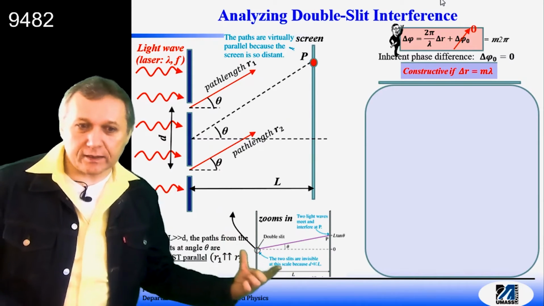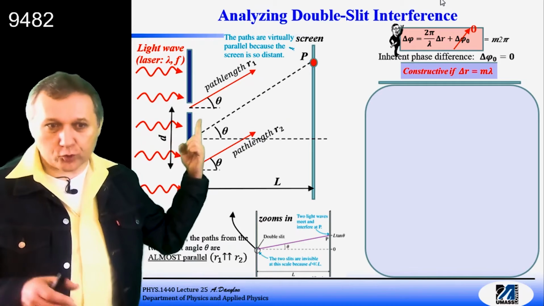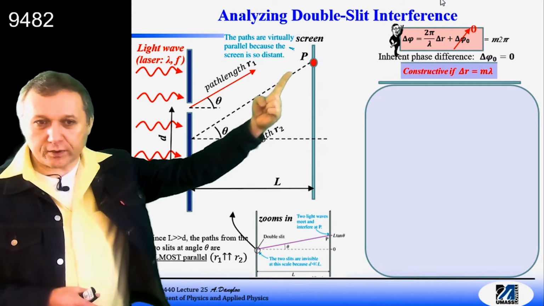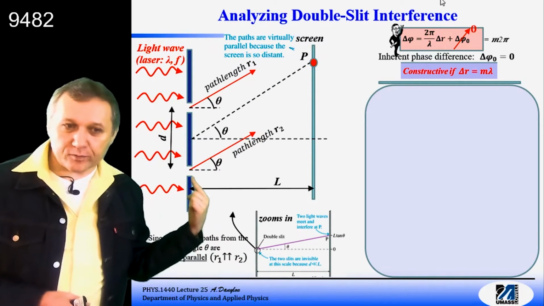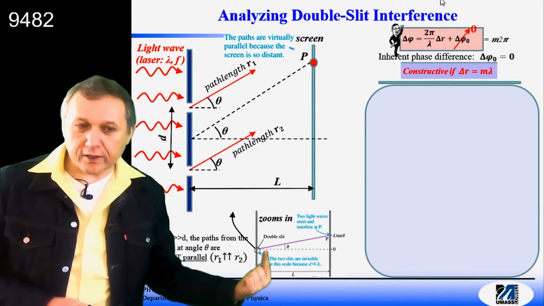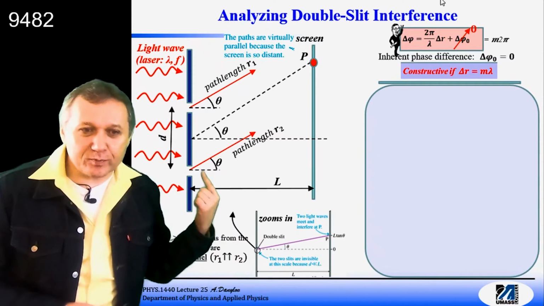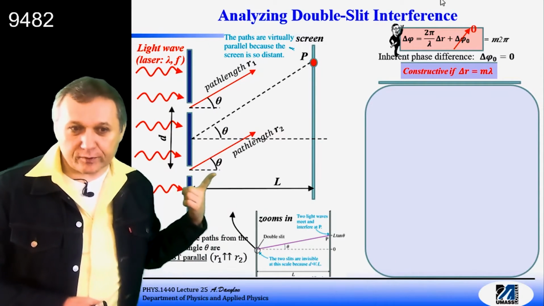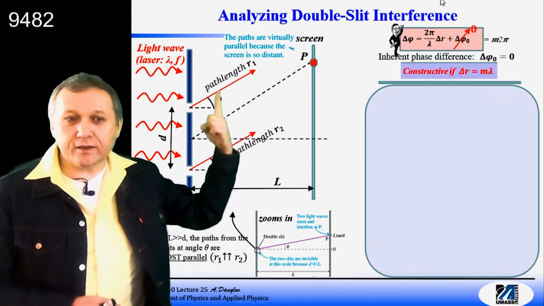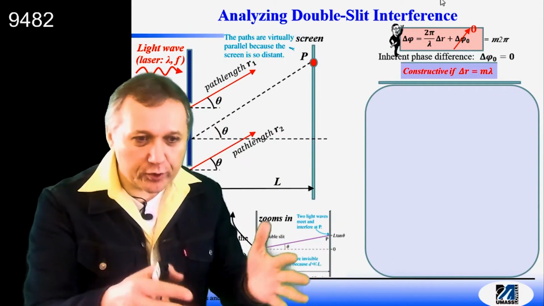And as a result, if you draw R1 as it should be, from this slit to point P, and R2 from the other slit to point P, you will never be able to see the difference between the directions of R2 and R1. For you, they will be almost parallel to each other.